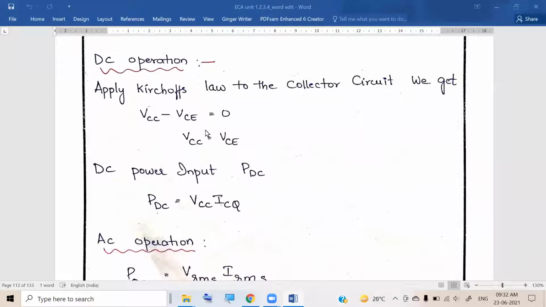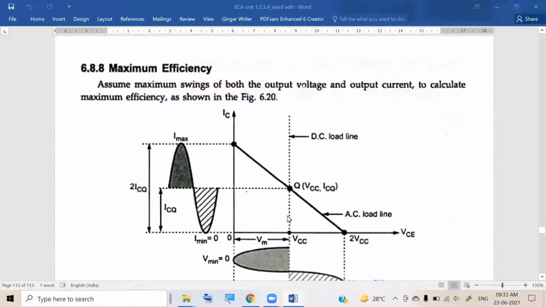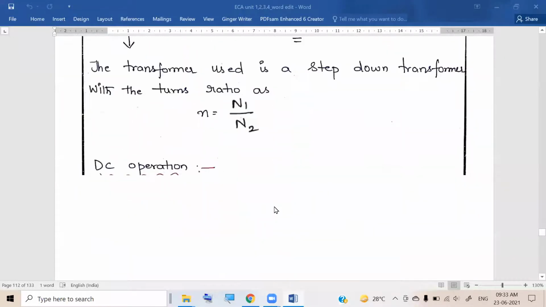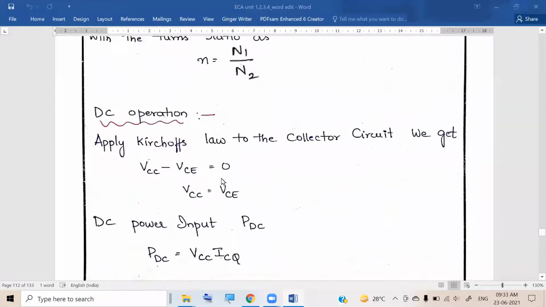For any graph, X value constant means the graph will be a straight line parallel to y-axis, because throughout this line, y is changing. Doesn't matter here. See this relation, VCE is equal to VCC. Doesn't matter if IC changes, still VCE is constant.